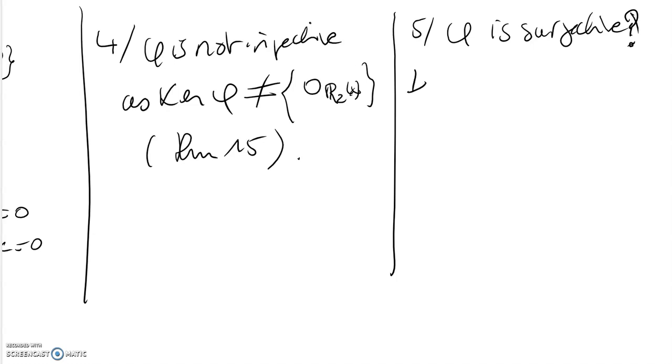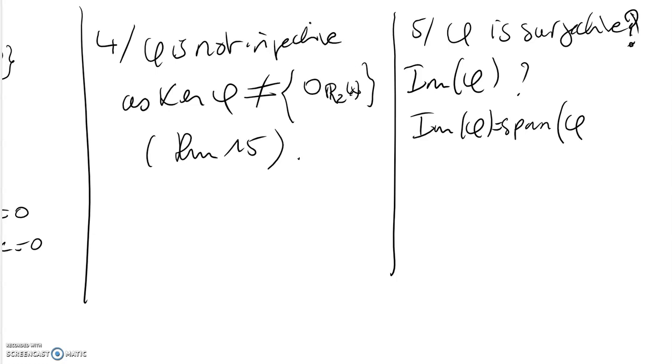We want to find what is the image of phi. And the image of phi is going to be given by the span of the image by phi of a basis of R2 of x. Let's take the standard basis: phi of 1, phi of x, phi of x^2.